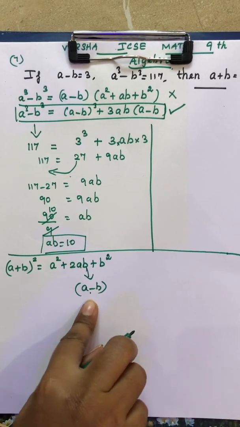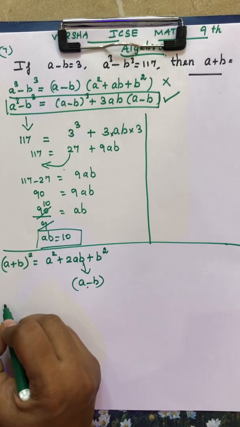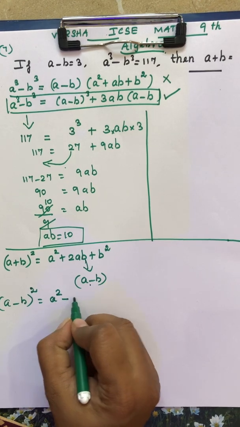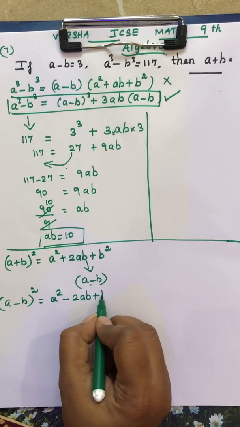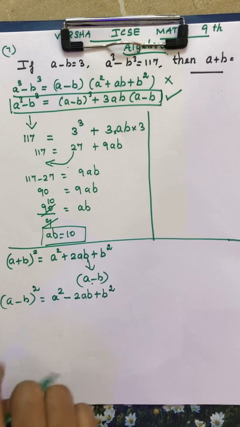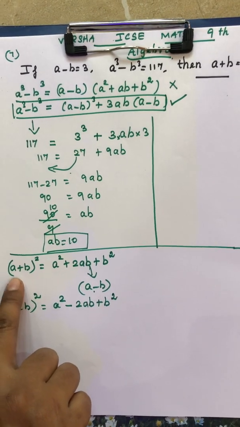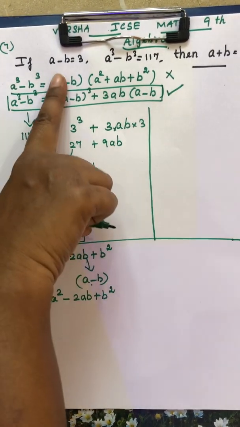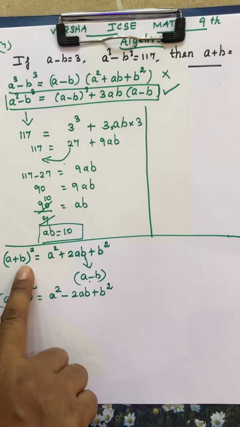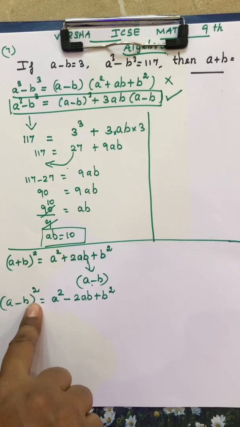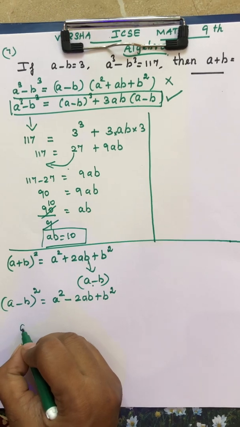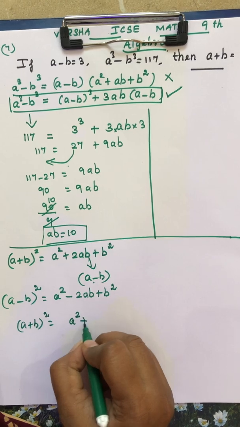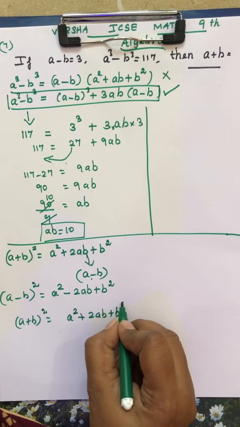So what is the relationship? In this video I am going to tell that also. a minus b the whole square equals a square minus 2ab plus b square. We want to find a plus b using a minus b, because a minus b is given in the question, so we have to connect these. We have a plus b the whole square equal to a square plus 2ab plus b square.